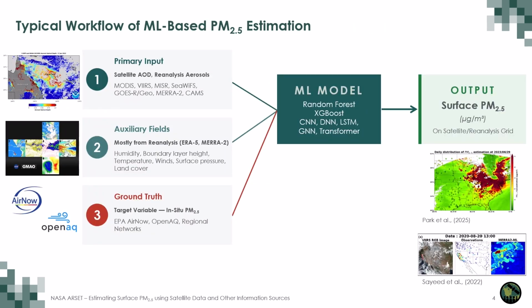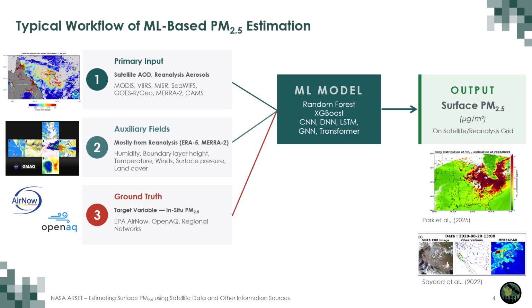In the typical workflow for machine learning based PM2.5 estimation, we start with satellite aerosol optical depth and reanalysis aerosol products as the primary input. Then we bring in auxiliary variables such as humidity, boundary layer height, temperature, wind, and land cover, mostly from reanalysis or forecasting models like ERA5 and MERRA-2.